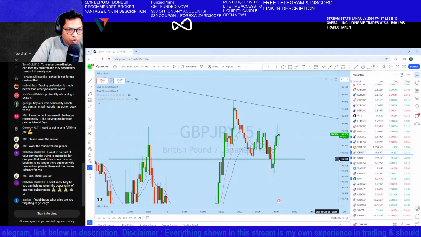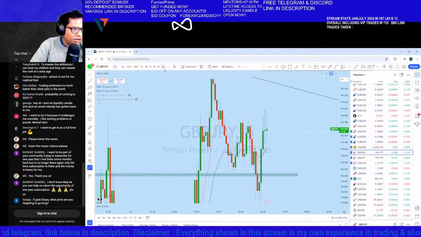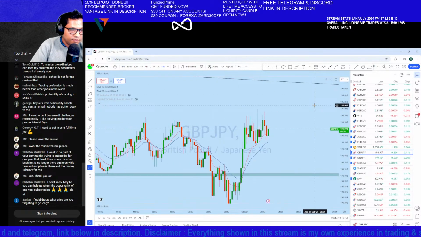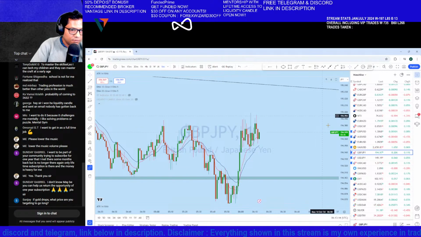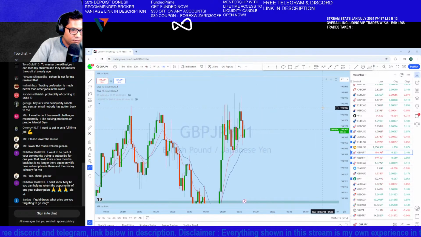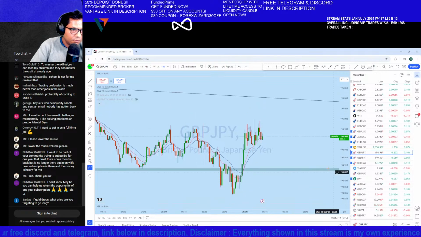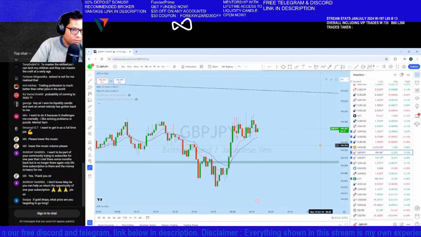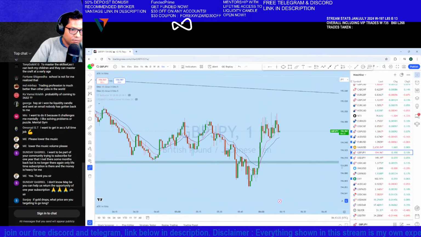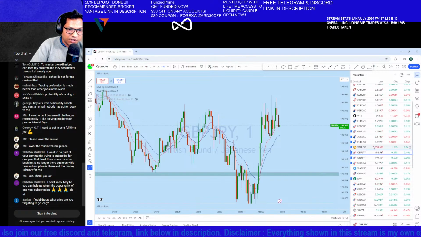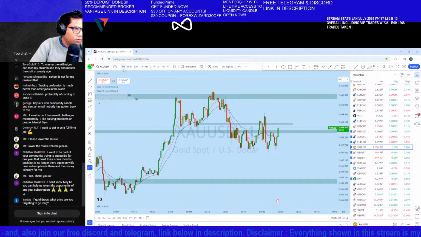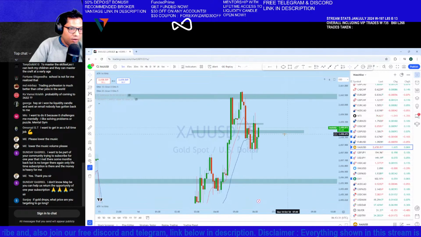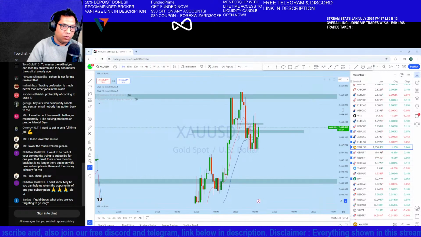We can see two dodgy formations in that area. We can't see much movement on GJ. Going back to XAUUSD, also a little in a sideways movement.